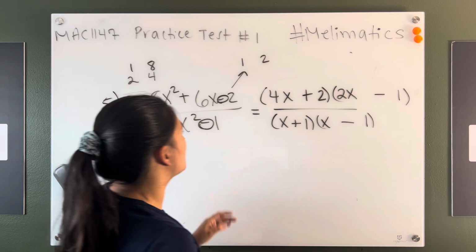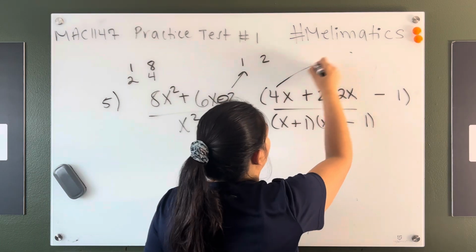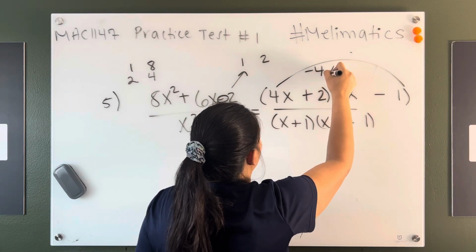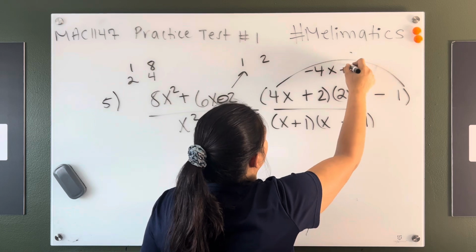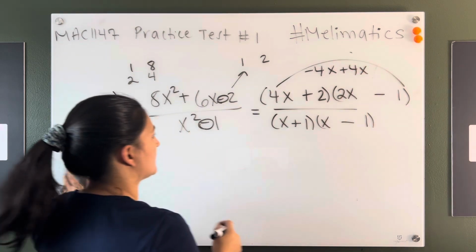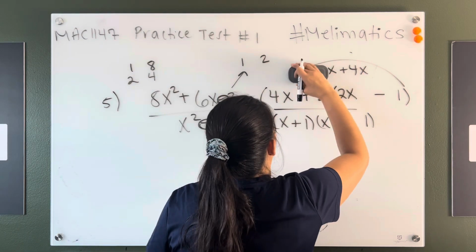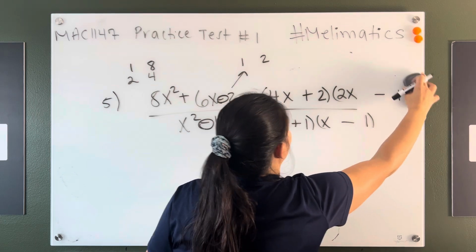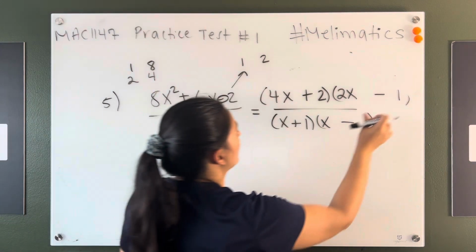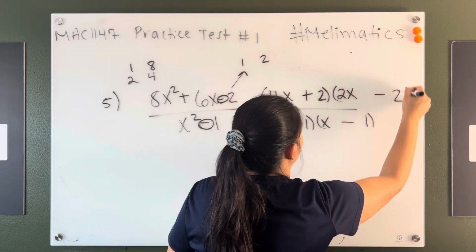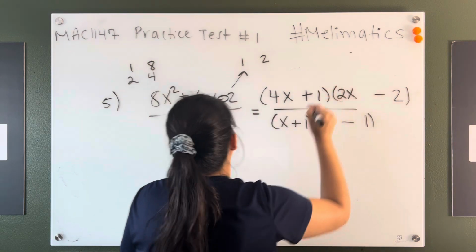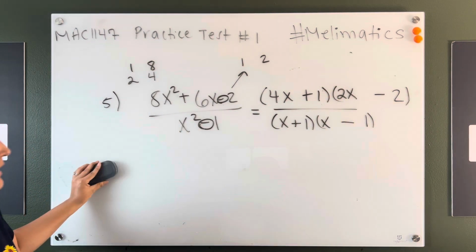So here, let's check outer and inner. So if we do outer here, we get negative 4x. We do inner here is plus 4x. That would be 0, so that was not it. All right, let's swap it. Let's put the 2 here and the 1 here. All right, now let's check outer and inner.